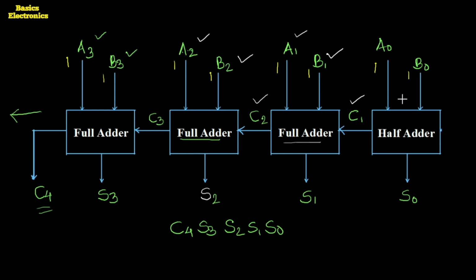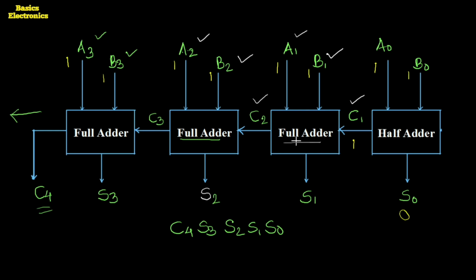This half adder performs the addition and produces the output as a sum and the carry. It has the input as 1 1, so the sum is equal to 0 and the carry generated is equal to 1. The carry is added to the next full adder as a third bit.